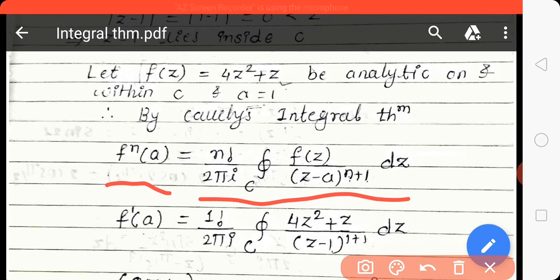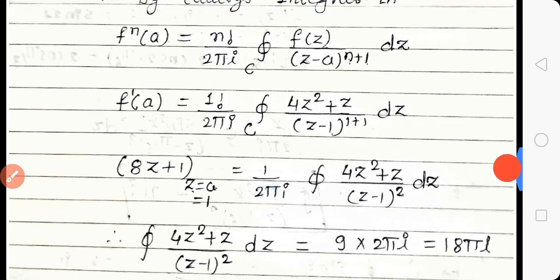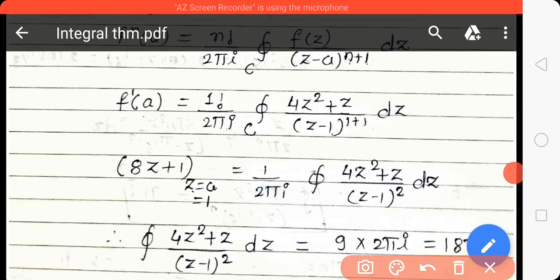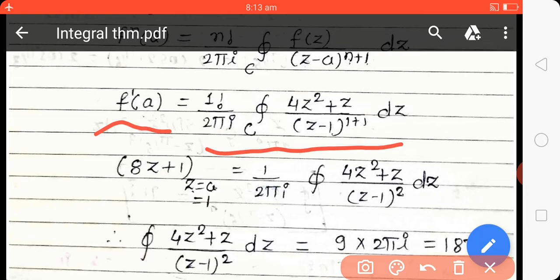For this we got the value of n is equal to 1. We put n is equal to 1. f dash of a is equal to 1 factorial upon 2 pi I line integral over the closed curve C of 4z square plus z upon z minus 1 raised to 1 plus 1 dz.